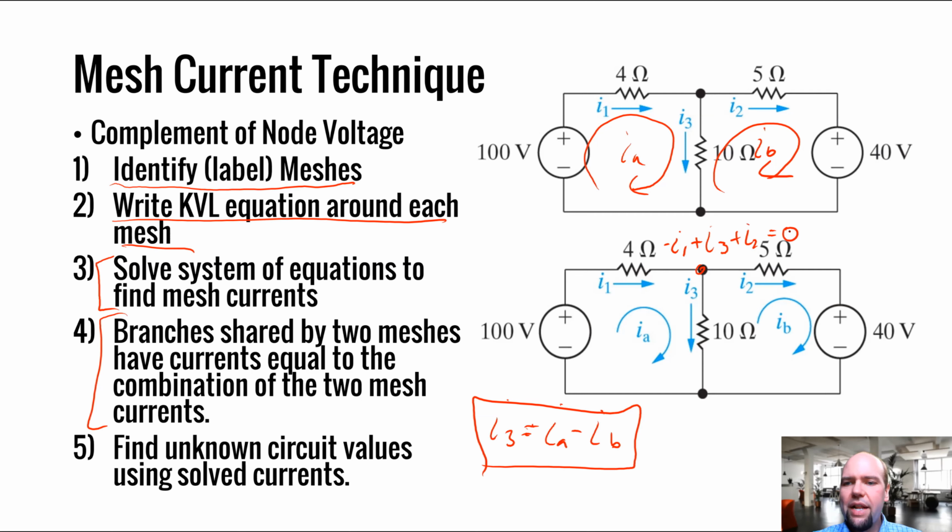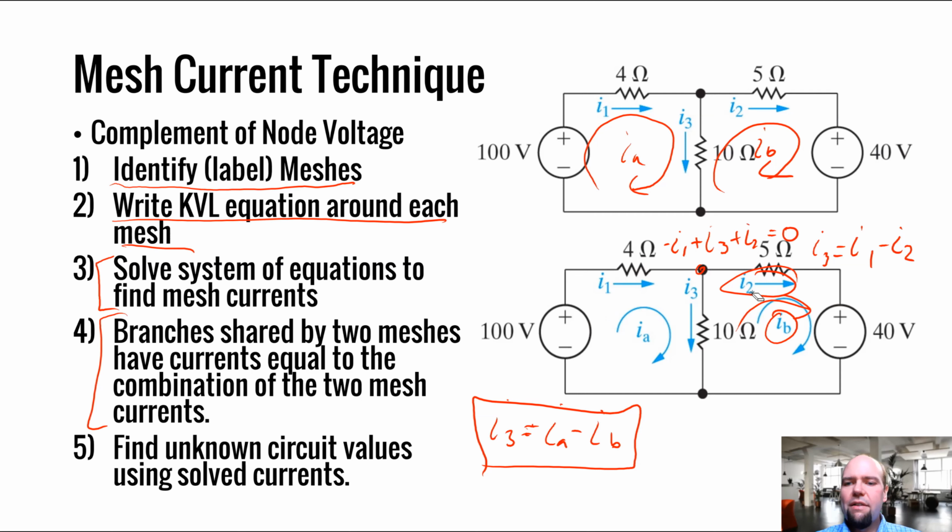Or rewriting that, we'd have I3 equals I1 minus I2. And it should be noted that I1 is IA, IA is the only current swirling here, and I2 is IB, IB is the only current flowing here.